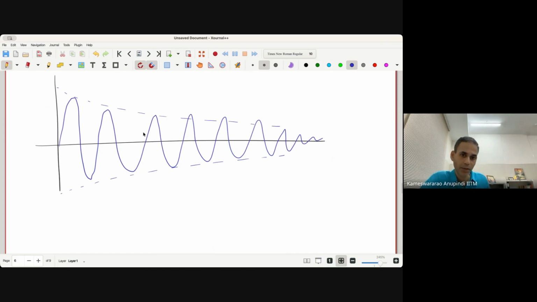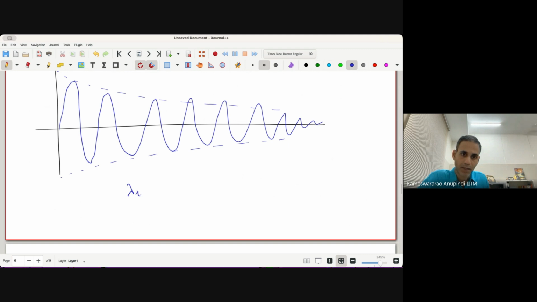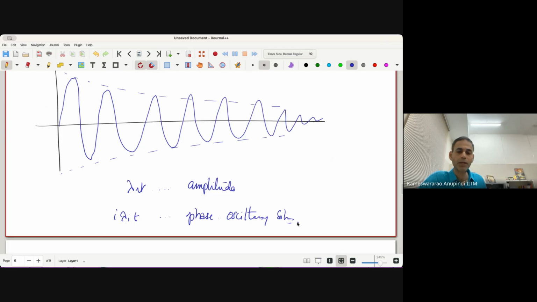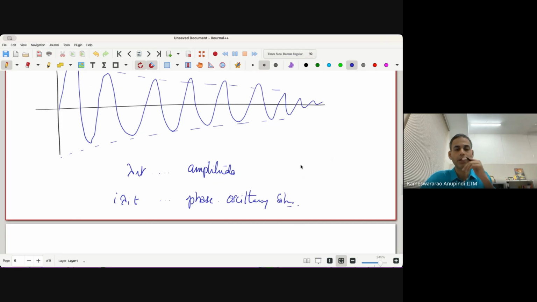That means the real part, lambda_r t, is responsible for the amplitude, and the i lambda_i t is responsible for the phase, or the oscillatory solution. So we can call them the amplitude and the phase. The amplitude is always dictated by the real part. I think we should keep that in mind.